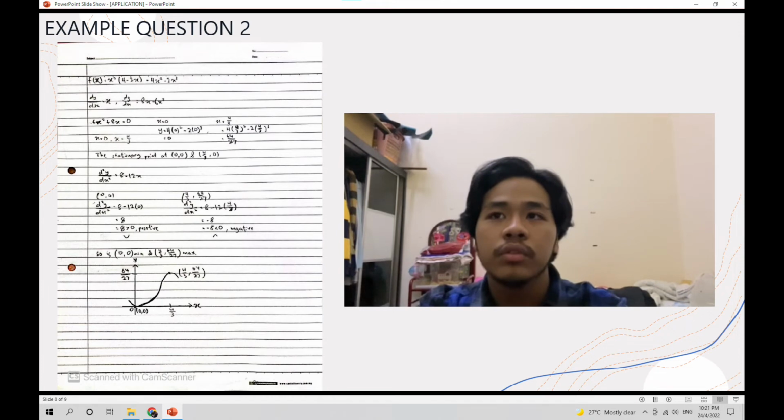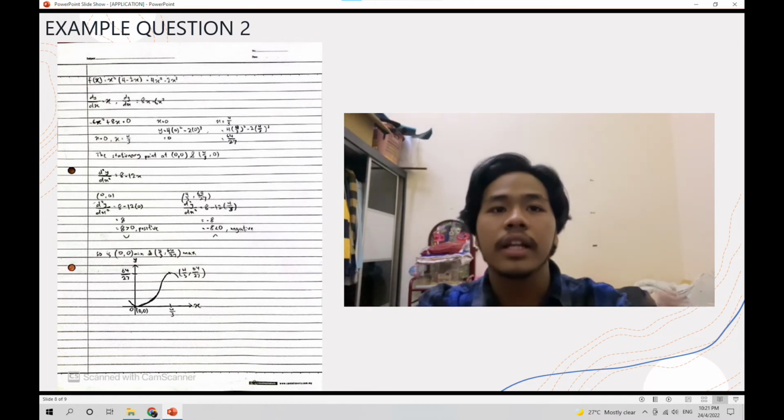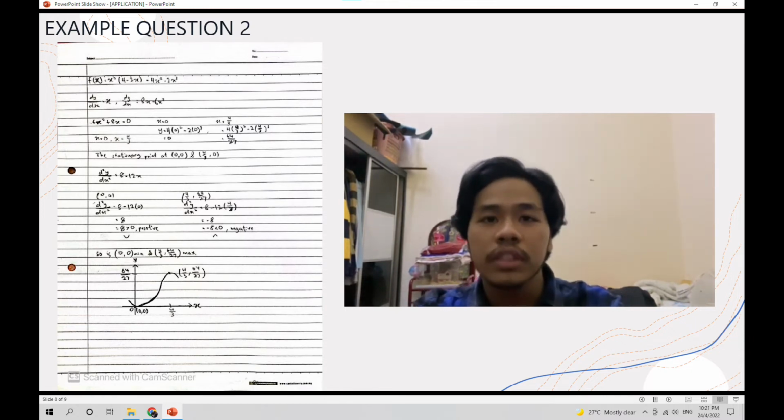So we do x1 first. We need to replace x1 in the function, so x equal to 0, then y equal to 4 times 0 squared minus 2 times 0 to the power of 3. Then you use the calculator, you get equal to 0.